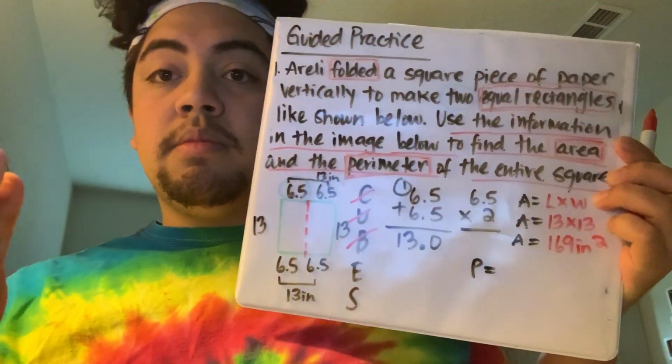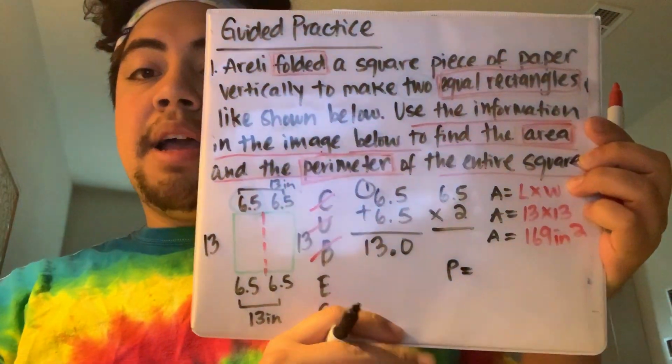Let's try to find our perimeter now. For perimeter, well, our formula for perimeter is what? Very good job in the back again. Perimeter now is going to be, this time, length plus width plus length plus width, right?